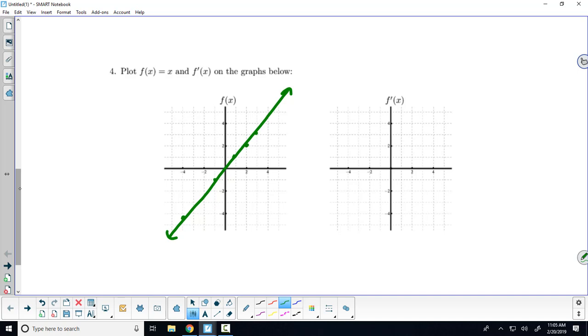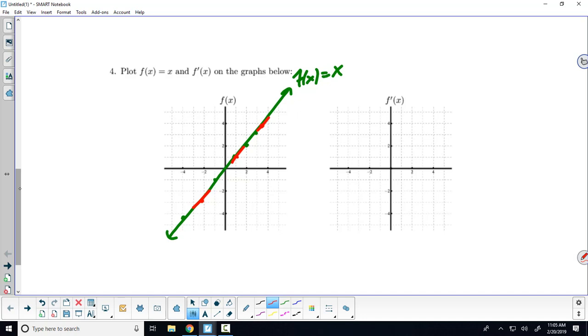It's called the identity function, f of x equals x. Anywhere along here, if I drew a tangent line, what is the slope of that tangent line? It's 1. Everyone okay with that? The slope of that line right there is 1, so the slope at any point on that line should be 1.